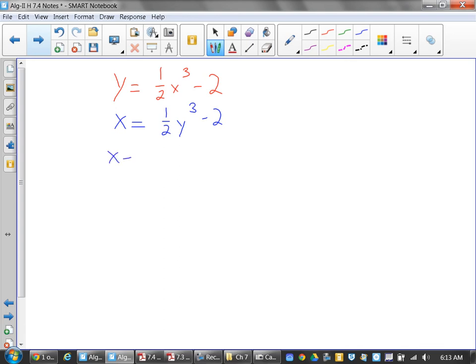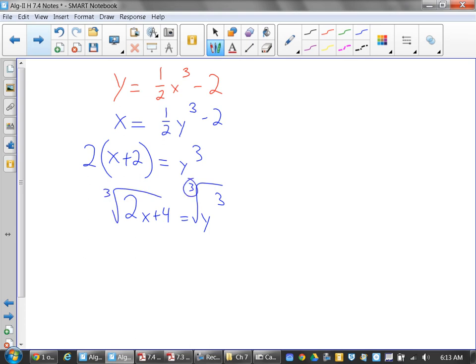Add 2, multiply both sides by 2. 2x plus 4 equals y cubed. Cube root it. Since this is an odd exponent, an odd nth root, I do not need to worry about a plus minus.